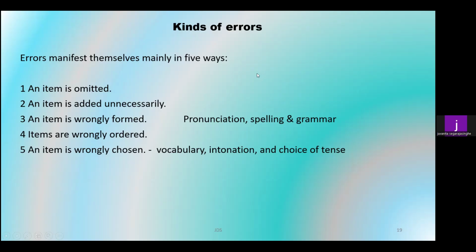The preposition to is omitted over there. I went to school. An item is added unnecessarily. I came to home. You find that error made by several learners. I came home, instead they tend to use I came to home. So an item is added unnecessarily.